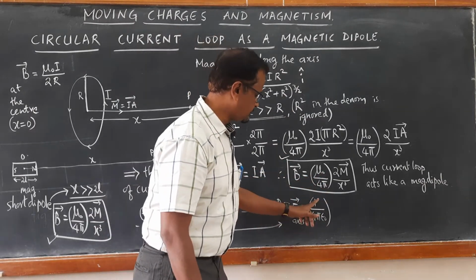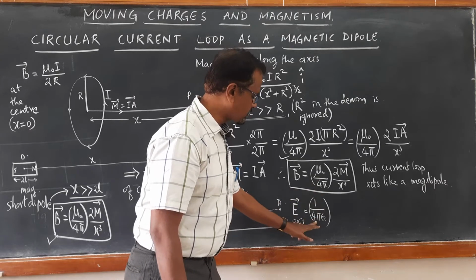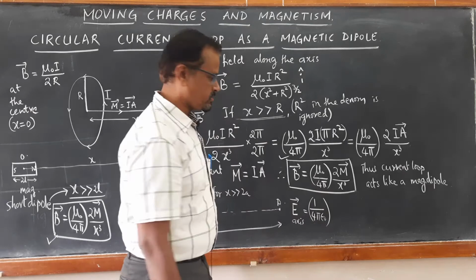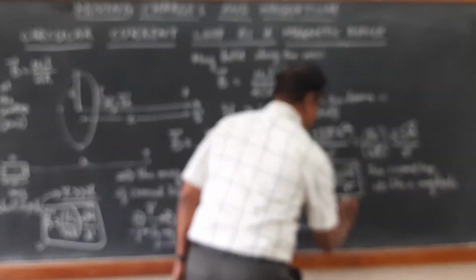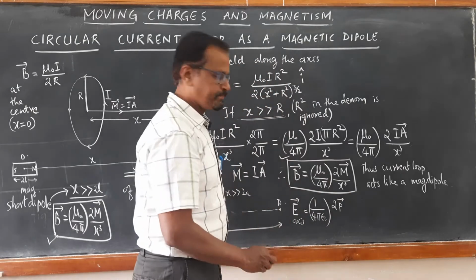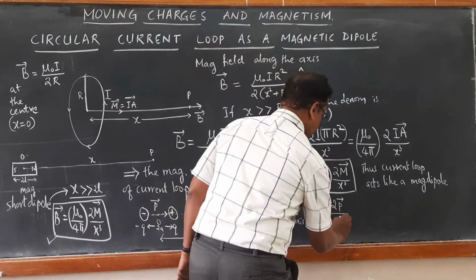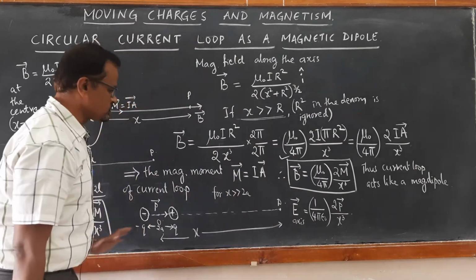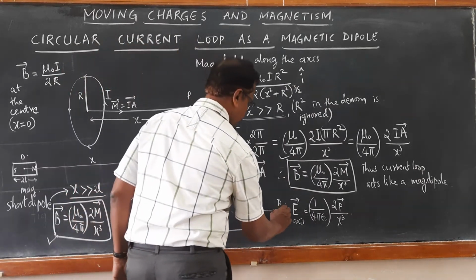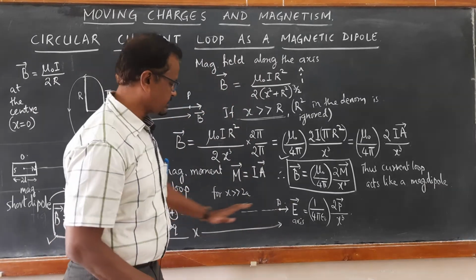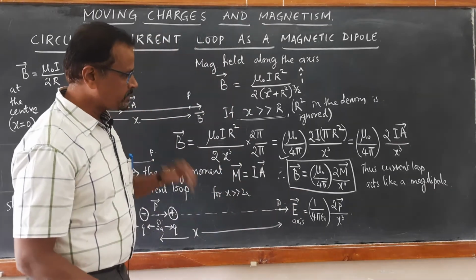That is the difference. 1 upon 4 pi is here, 1 upon 4 pi is here also. Mu naught is replaced by 1 upon epsilon naught. So the magnetic moment is replaced by the electric dipole moment P divided by x cube. This is also acting in the same direction, as we have studied earlier. The electric field direction is along the axis, right.